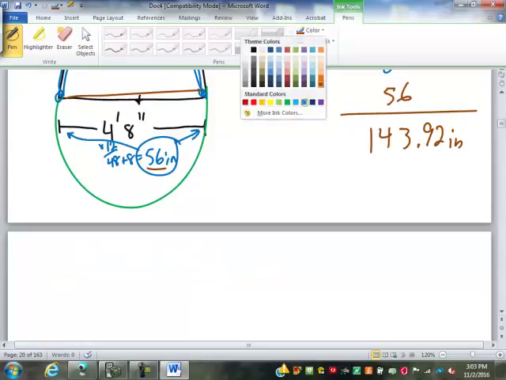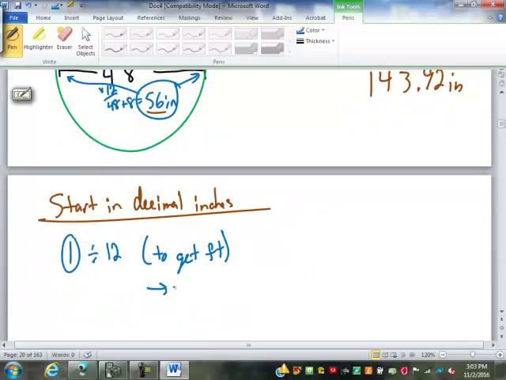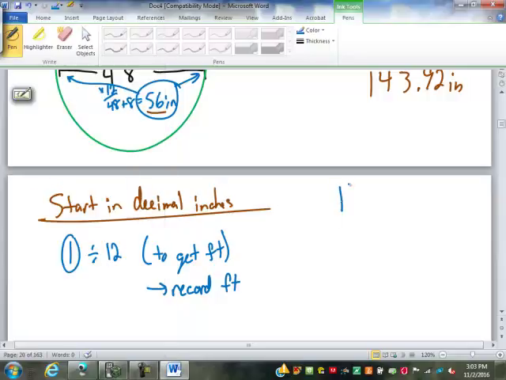So my first step, divide by 12 to get it into feet and record my whole feet. What do I mean by that? Well, right now I have 11.9933333. The 11, the whole number, the part in front of the decimal point, is whole feet. There's 11 whole feet there.